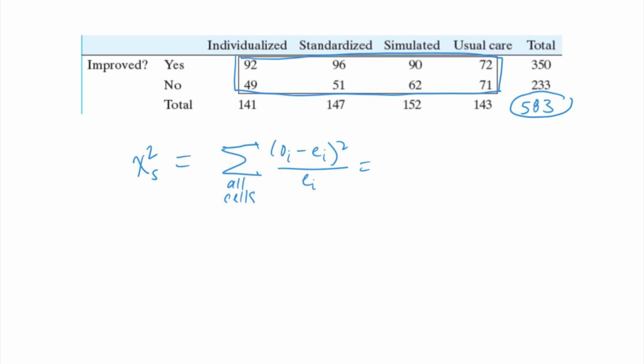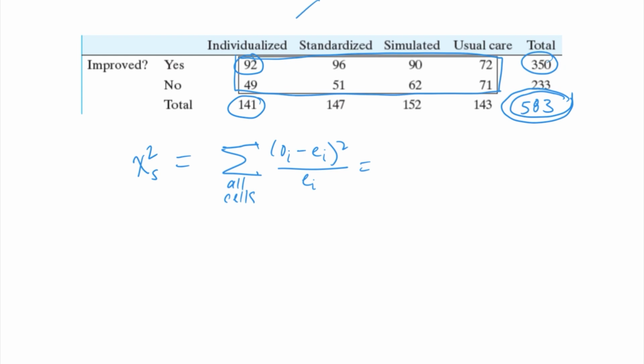So we're going to need that to calculate the expected frequency for each of the cells in the table here. So let's start up here in the upper left corner. 92 is the observed frequency. The expected frequency is going to look like 141 times 350 divided by the total. That's how we're going to do it every single time.